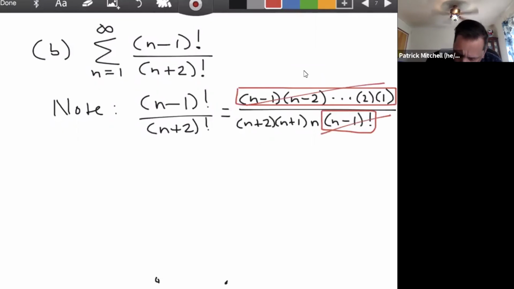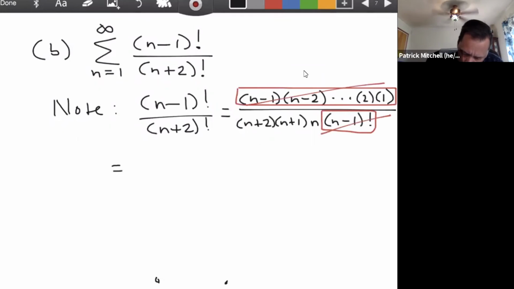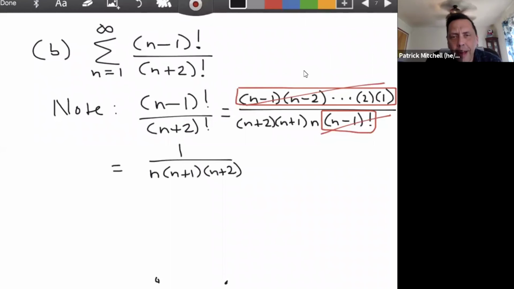So we can cancel those out. So it turns out that n minus 1 factorial over n plus 2 factorial is equal to 1 over n plus 1, n plus 2. Okay, so I think it might be a little simpler to deal with the series in that form.